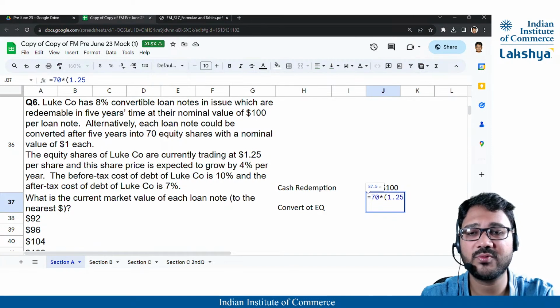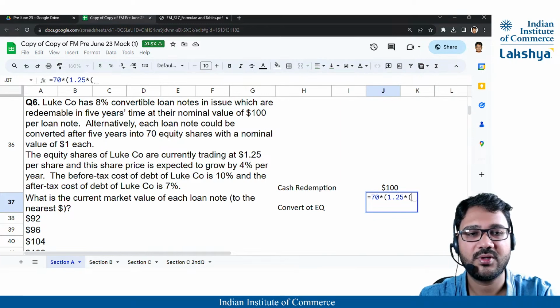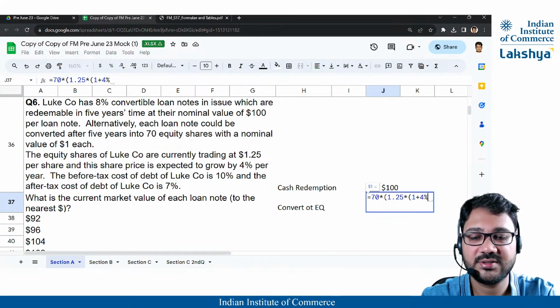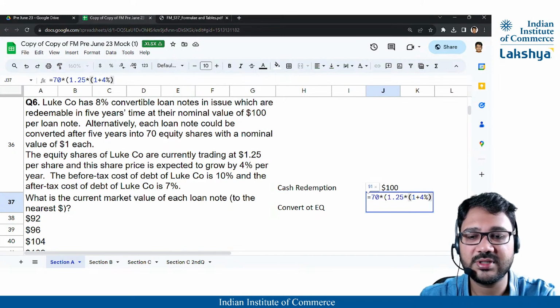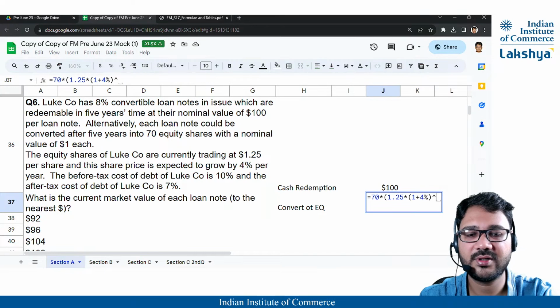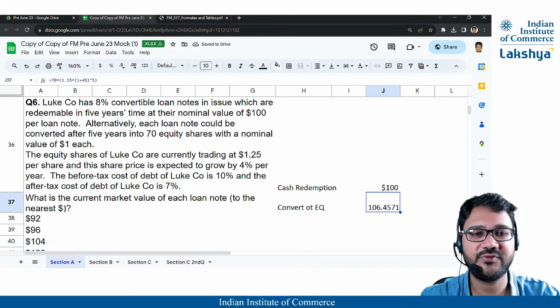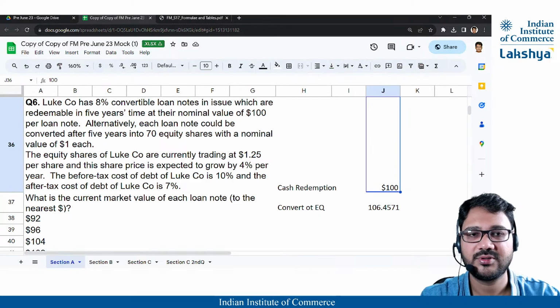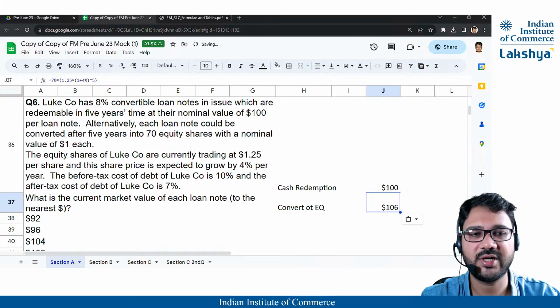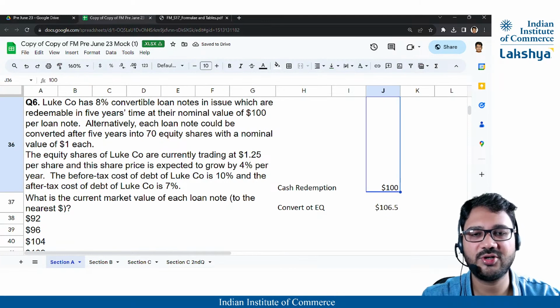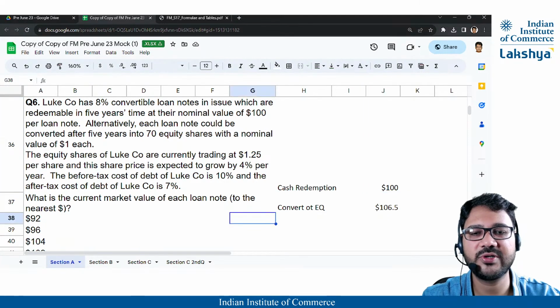So that's $106.45. This seems better. $106 is better than the $100 redemption, so we assume that people are going for conversion only.